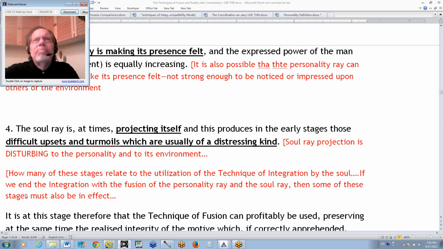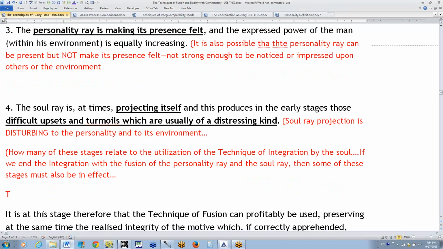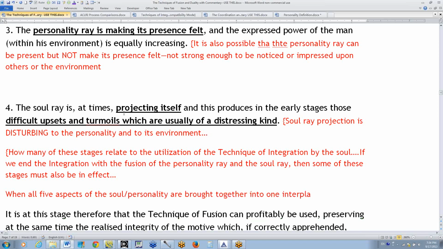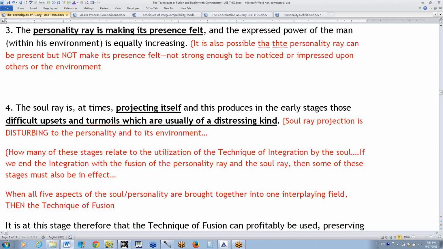You have to have a pretty well integrated personality, all five aspects brought together into one field. Let's reassert that. When all five aspects of the soul personality are brought together into one interplaying field, then the technique of fusion can be applied.